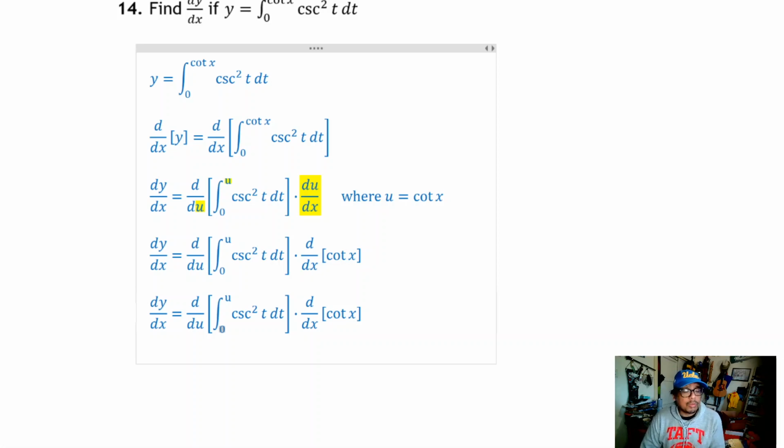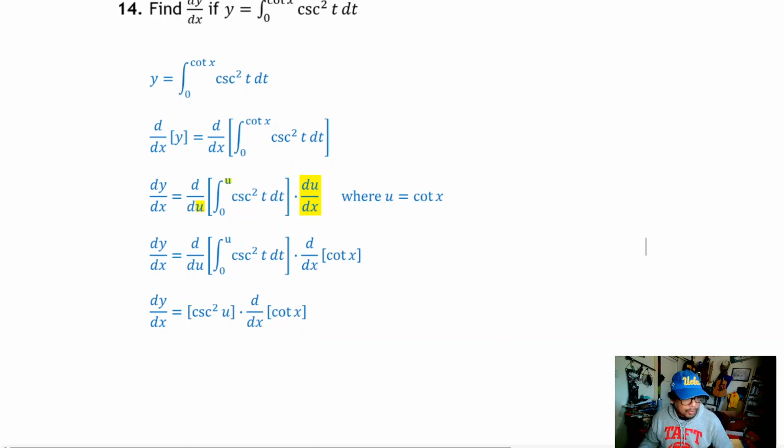Remember, this is a special rule because we're taking the derivative of an integral. You can't just take an integral and substitute it in there. It has to be the derivative of an integral. So that derivative is just cosecant squared of u. Now we're going to multiply that by the derivative of cotangent x, and the derivative of cotangent x is just negative cosecant squared x.